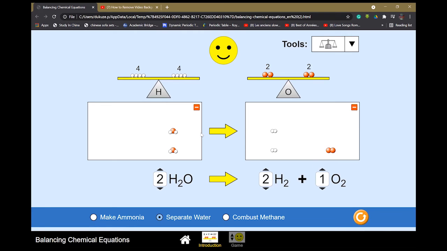And here in the box, you can see we have 2 molecules of the reactants, 2 moles. And here we have 2 moles or 2 molecules of the hydrogen molecule and 1 molecule of oxygen or 1 mole of oxygen.